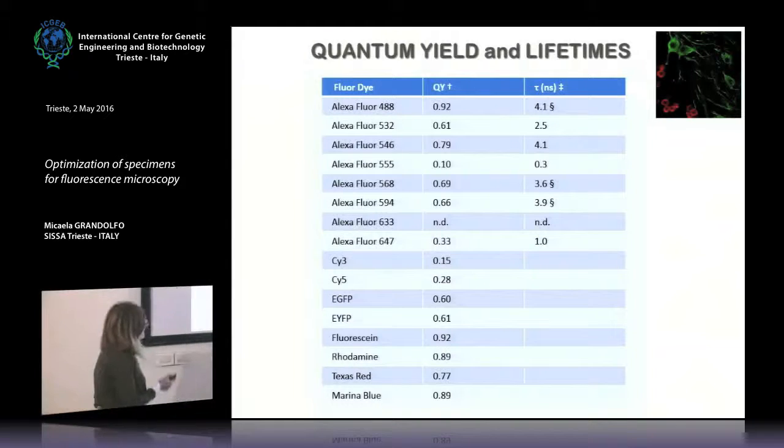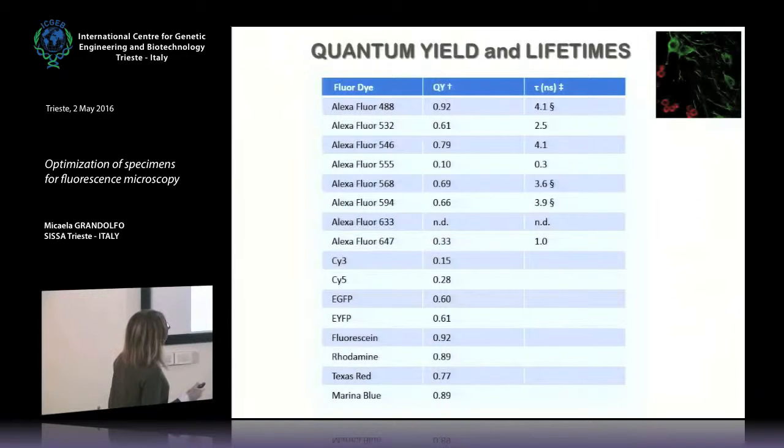As you can see, there are fluorophores that have a very, very high quantum efficiency, like Alexa 488, very close to 1, or fluorescein, or rhodamine, or marine blue. And there are some other fluorophores that have a very, very low quantum efficiency. For example, Alexa 555, 0.1, or Cy3.